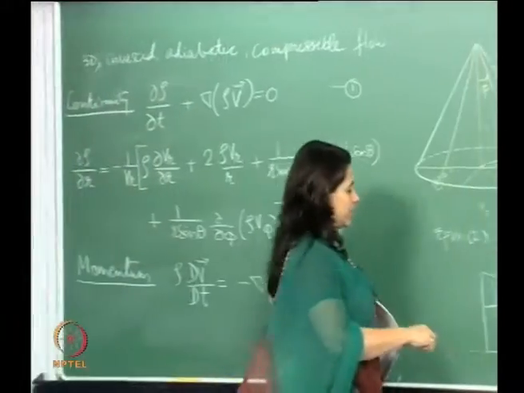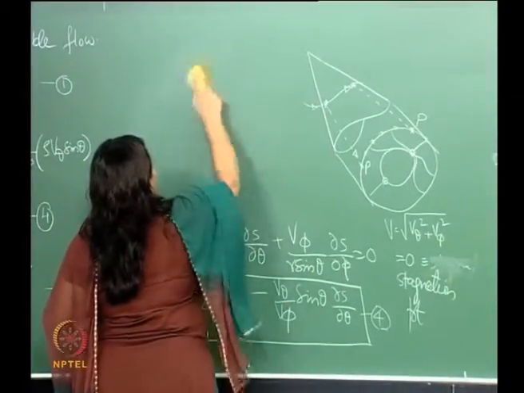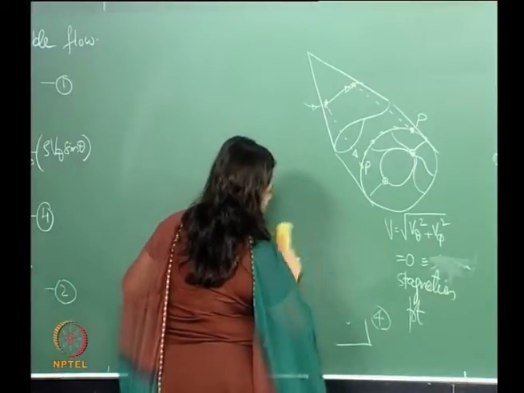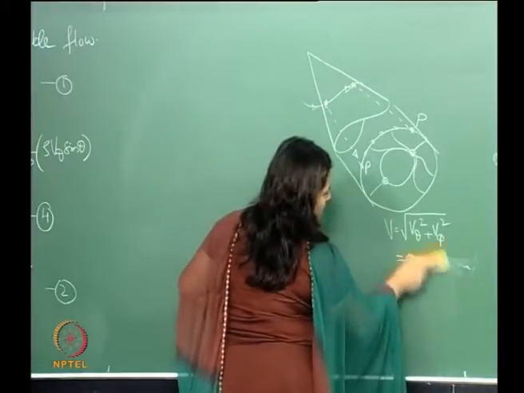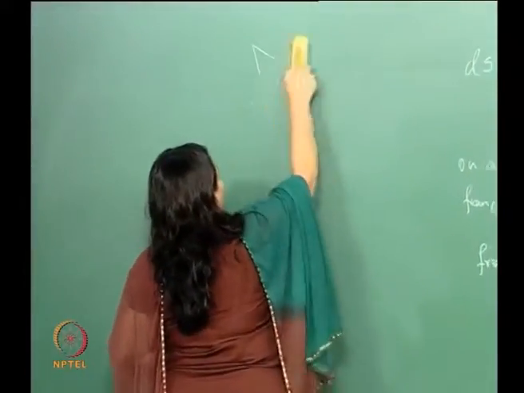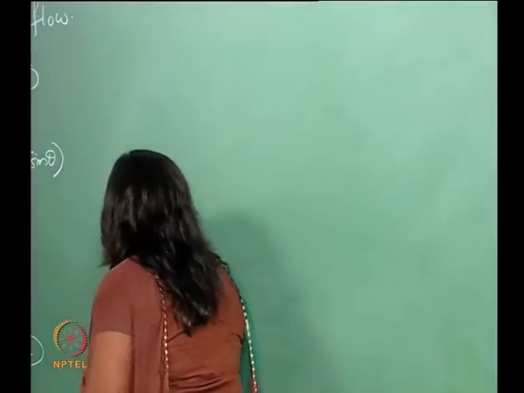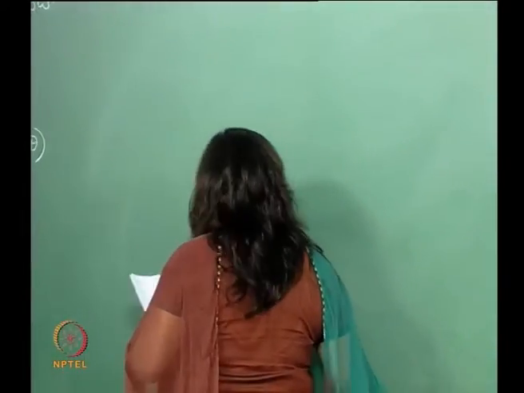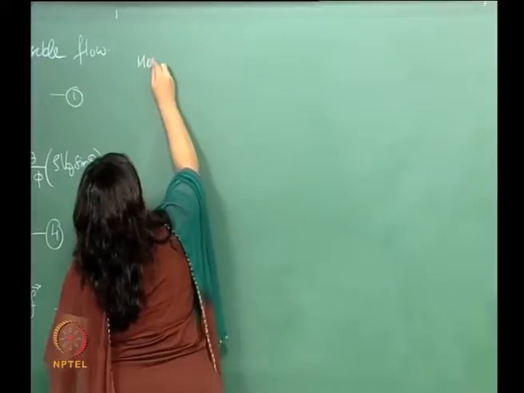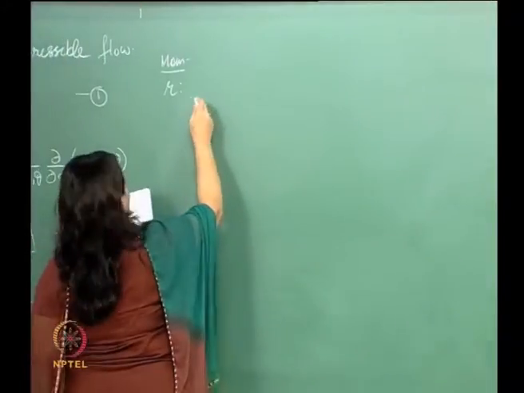Let us see this momentum equation. So, then the momentum equation in the r direction looks like this.